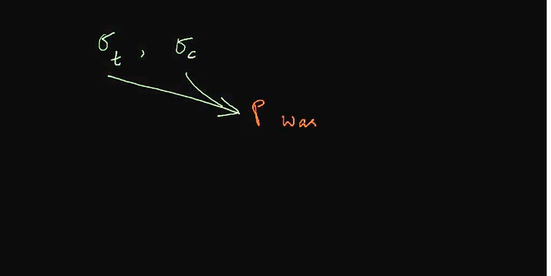So I can state that for sigma T and for sigma C, the load applied was axial. That means it was perpendicular to the cross section area. This is one concept that you need for sigma T and sigma C.